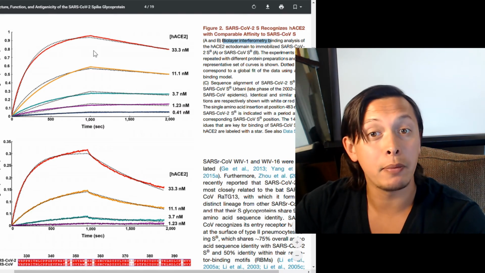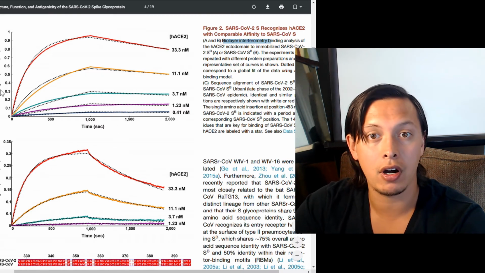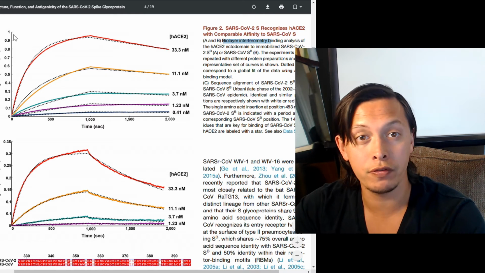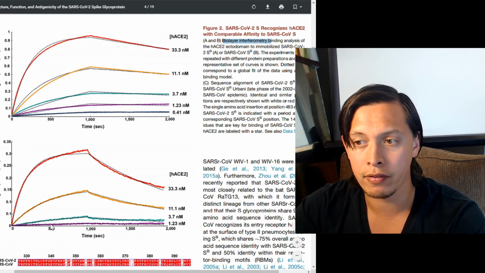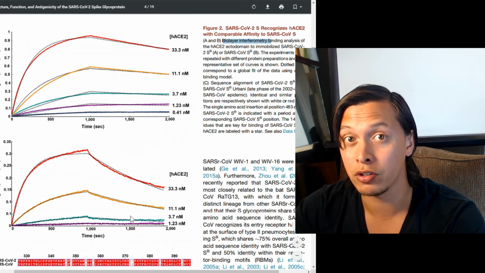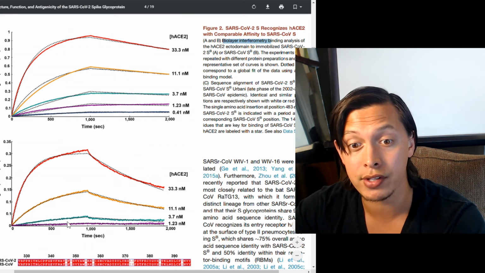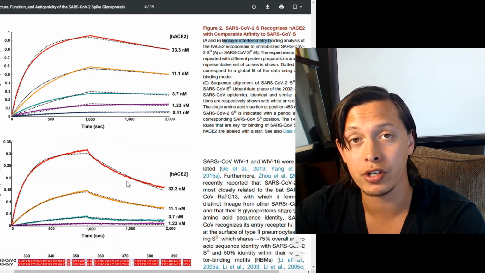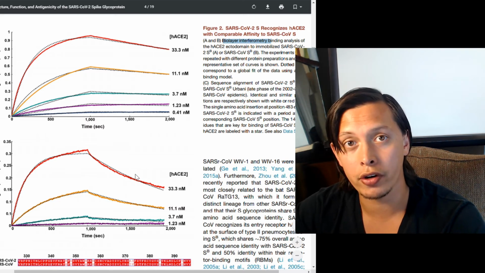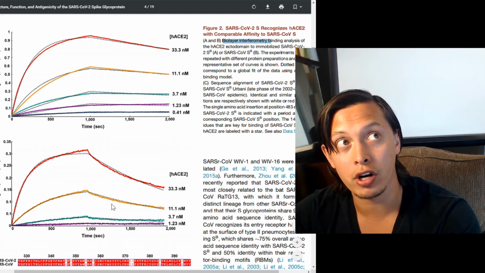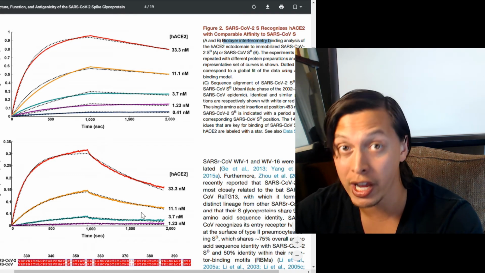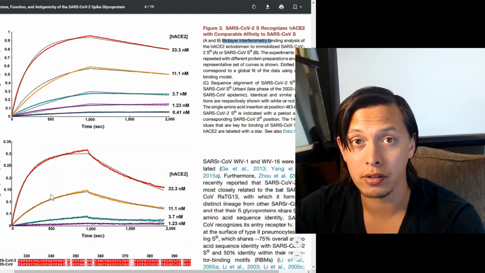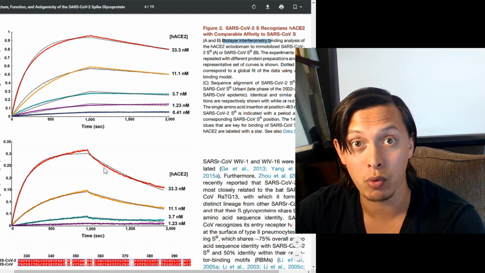And up here we have our SARS-CoV-2, so the new coronavirus spike. And down here we have SARS-CoV-1, which is the original SARS coronavirus. And remember, for the original SARS coronavirus, the stronger the spike bound the ACE2 receptor, the more pathogenic that coronavirus was.